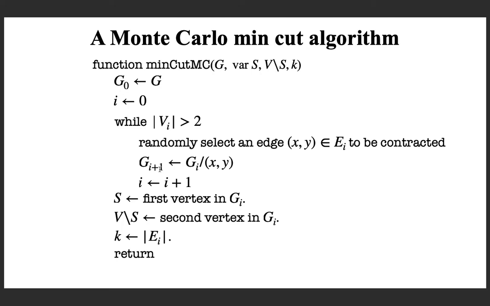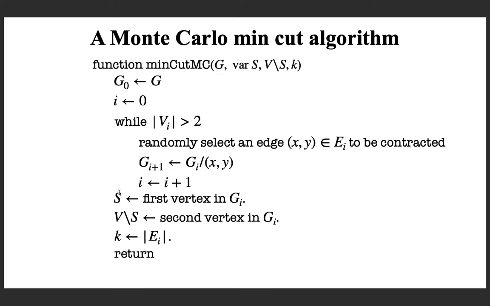Now what do you do? You say that the next version of the graph is the current version contracted with this edge xy. Then you increment i, the index, because you are getting the graph in the next iteration. So what will happen? Eventually, after n minus 2 edge contractions, you will get a graph with only 2 vertices, and then you will come out of the loop.